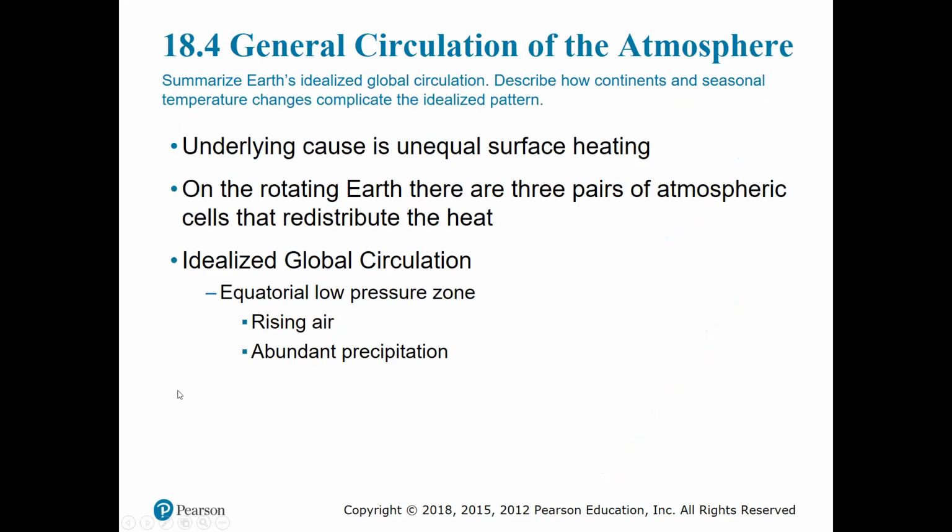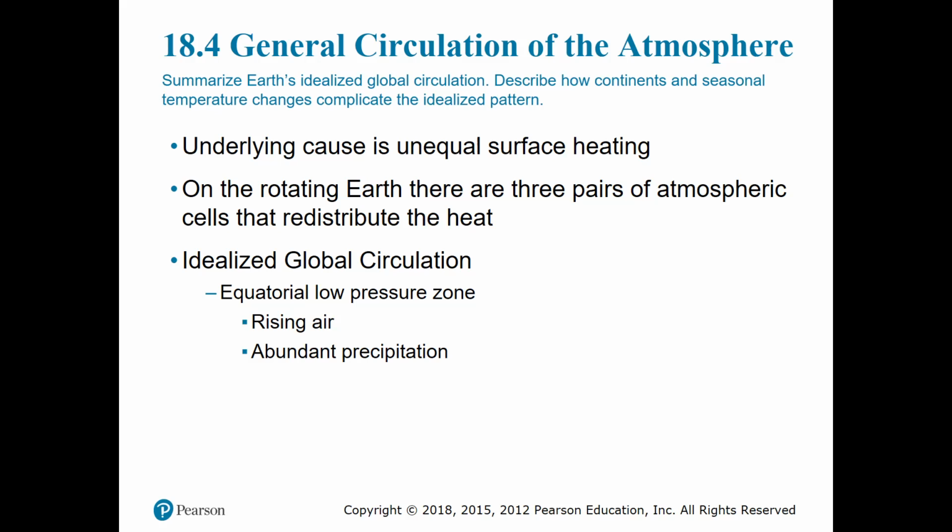So if we continue on here, moving on into the general circulation in the atmosphere, remember that the underlying cause of all of this is the unequal surface heating by the sun. We also know that because of this, in tropical regions, we have more solar radiation, and at the polar regions, we have less solar radiation.